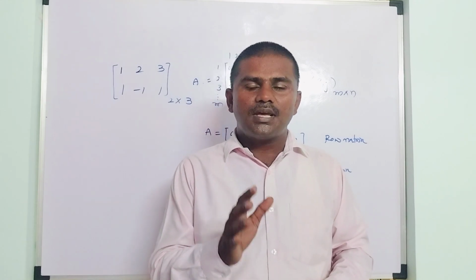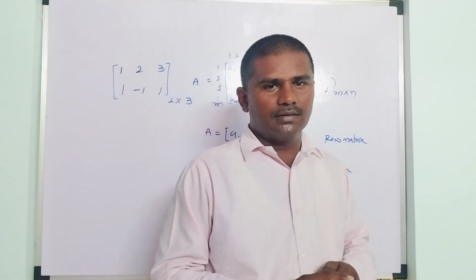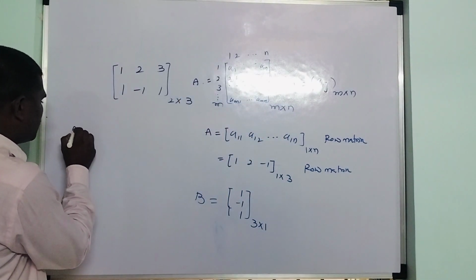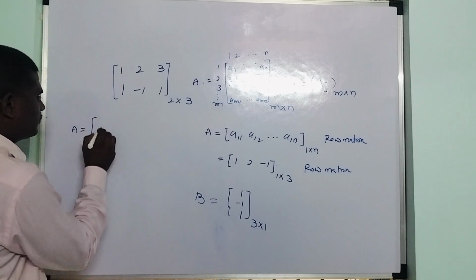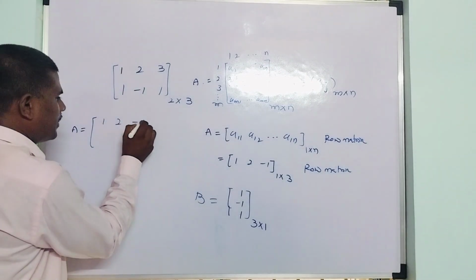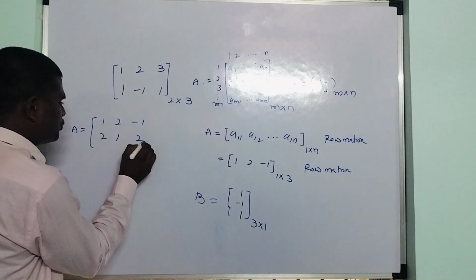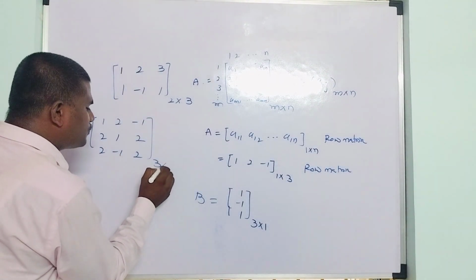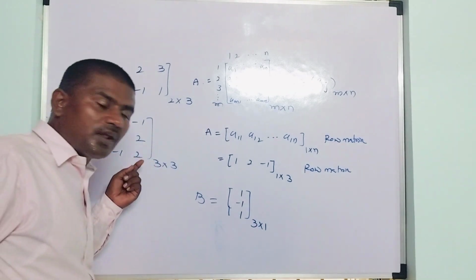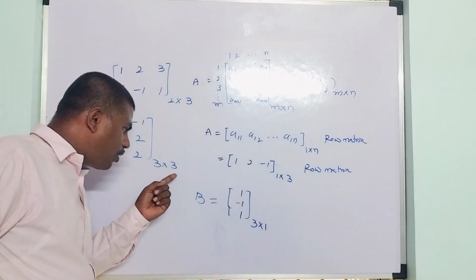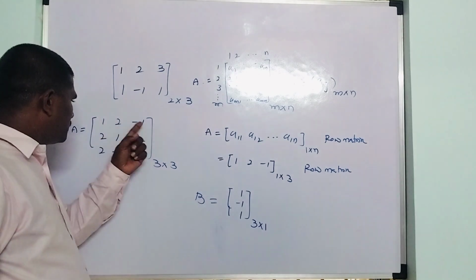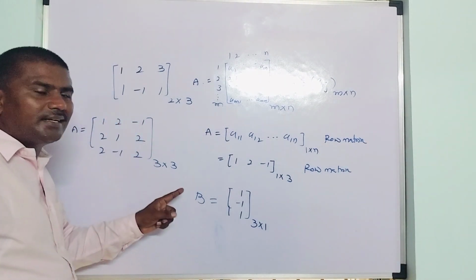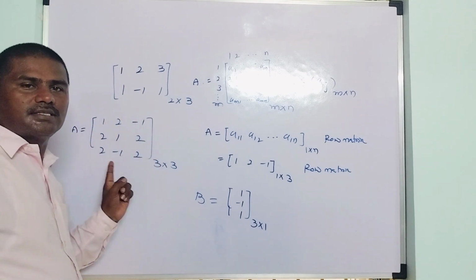Here is an example: 1, 2, minus 1, 2, 1, 2, 2, minus 1, 2. What is the order of this one? 3 by 3. How many rows are there? 3 rows. And how many columns? 3 columns. The number of rows is 3, columns are also 3. So you can say that this is a square matrix.